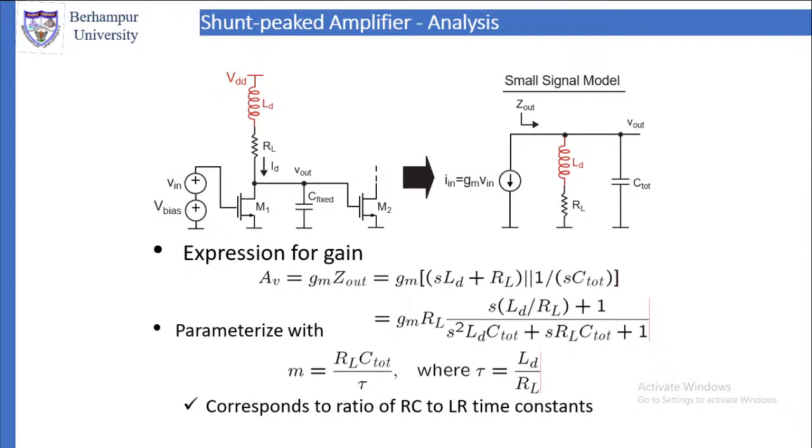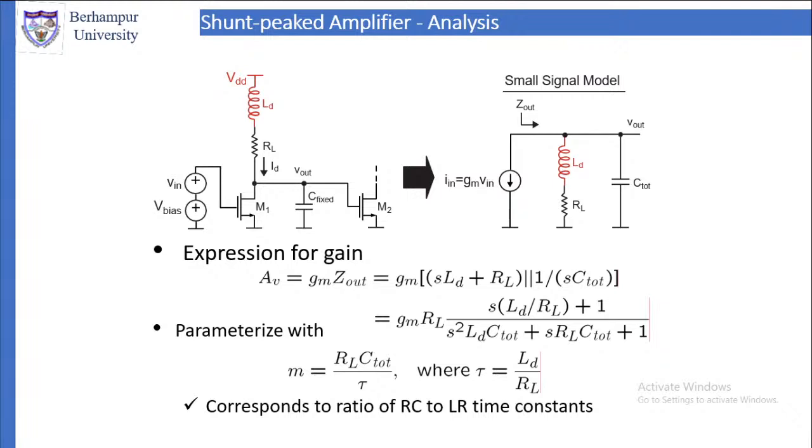So AV is equal to GM into (sLD plus RL), that is the series combination, in parallel with 1 by sC total. So if you do the series and parallel calculation, it will be GM into RL into, in the numerator, s LD by RL plus 1. In the denominator you will get s squared LD C total plus s RL C total plus 1.